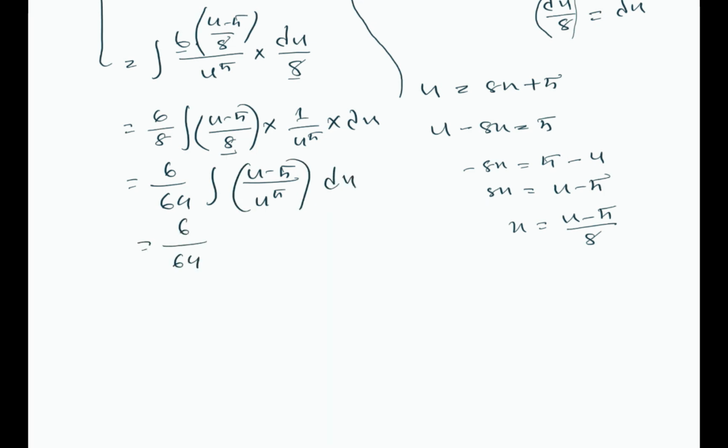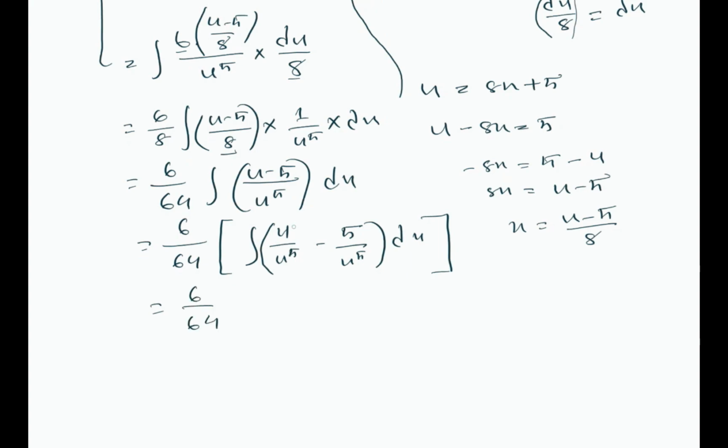So 6 over 64, and I can put a third bracket, integral of u over u to the power 5 minus 5 over u to the power 5. We can write it in this way, then du. See, we have one u here, and we have u to the power 5 here.